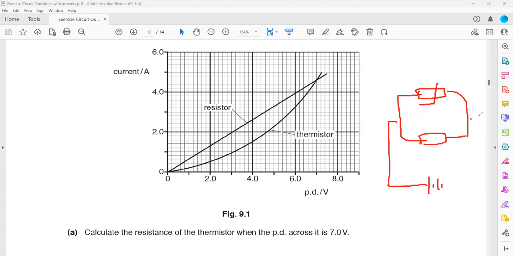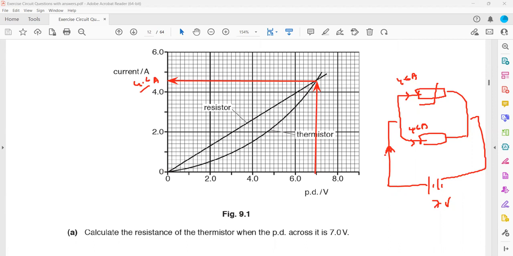Using the graph, we'll work out the current in each. When the voltage was 7, the current was 4.6 ampere in each. How much current is from the supply?